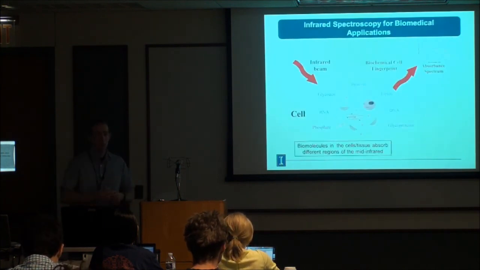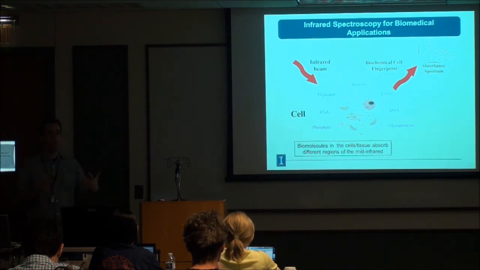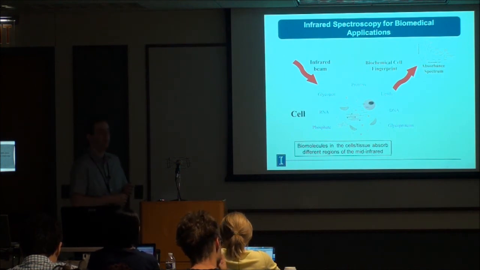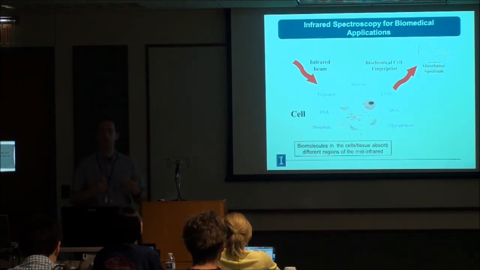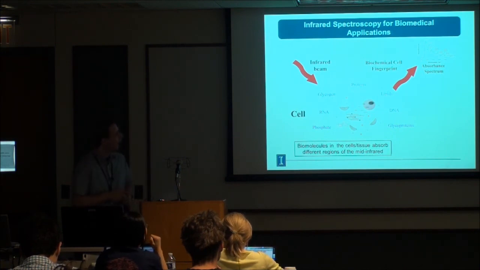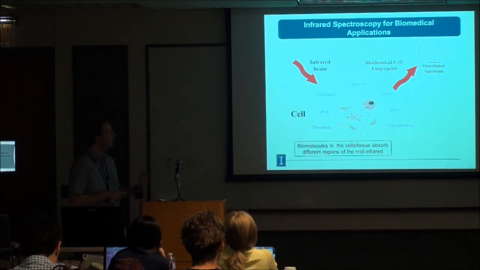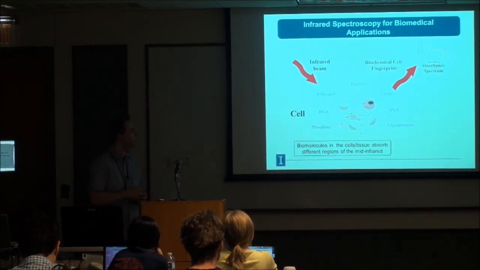Okay, so why are we interested in this for bio applications? The basis of what I do is to use mid-infrared to probe the biomolecular components of cells or tissue. By measuring the chemical bonds and measuring the absorbance, it gives us an indirect measure of things like proteins, lipids, DNA, glycoproteins, phosphate, collagen, and extracellular matrix type proteins.